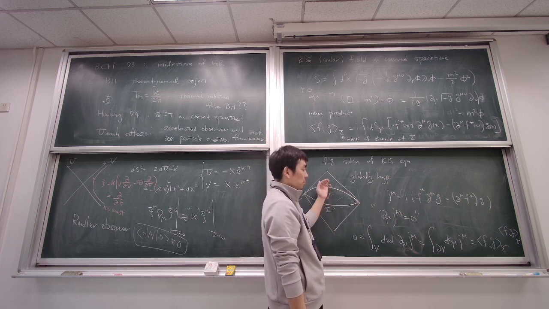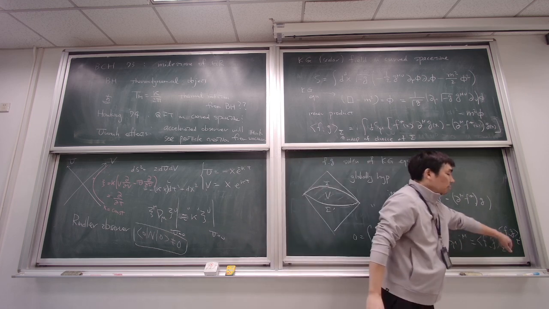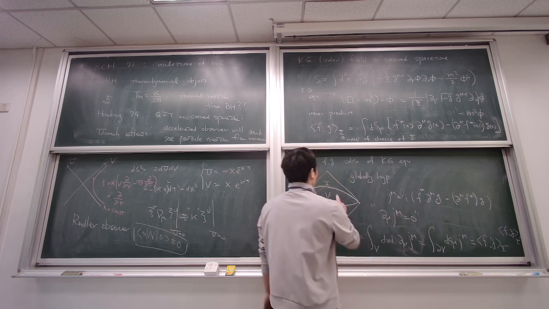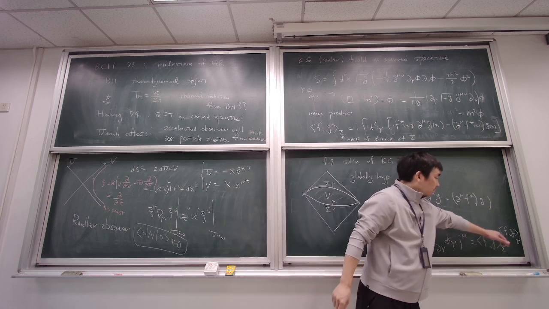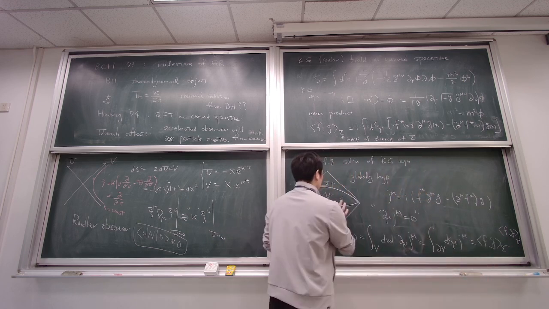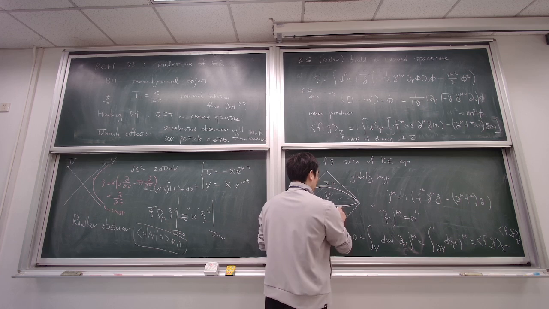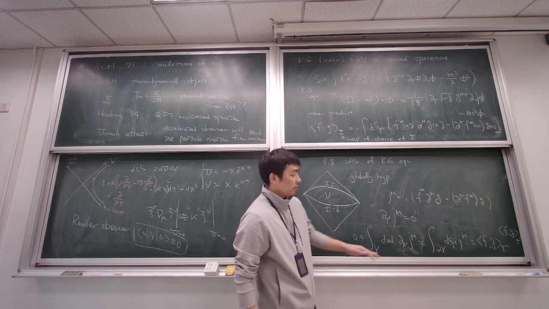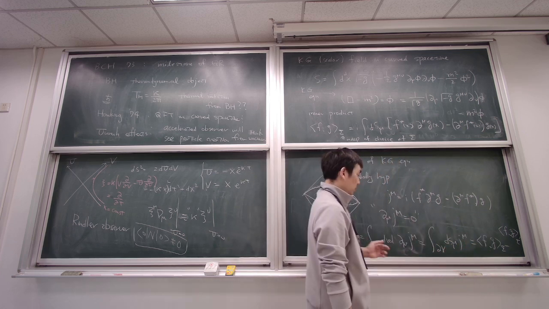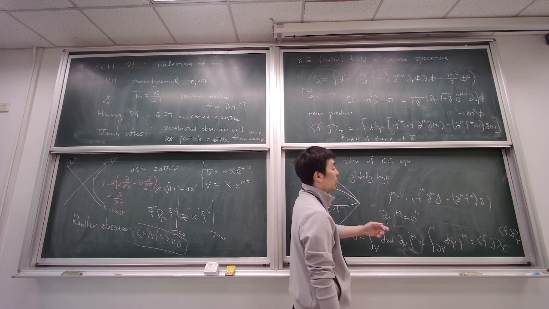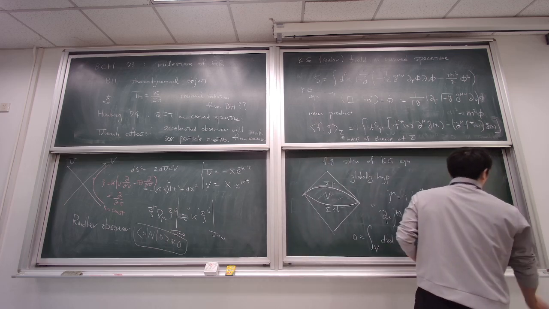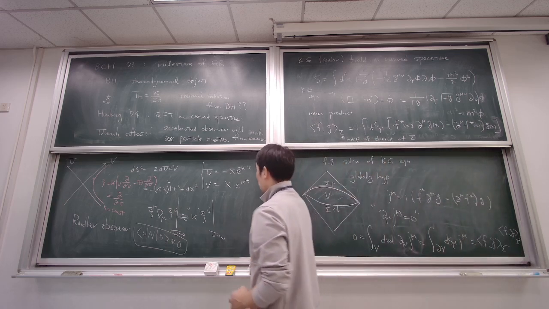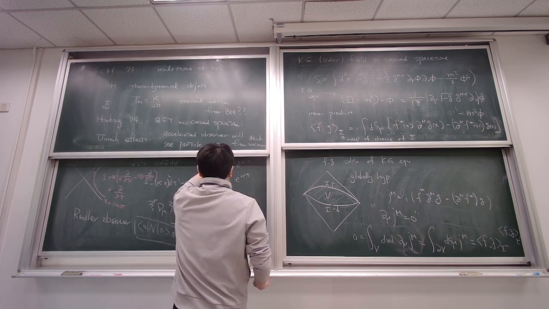The difference is because the normal vector is opposite. Sorry, the normal vector is opposite, so therefore you have a minus sign. And then current conservation tells us the inner product is independent of the choice of sigma. This is sigma prime. Okay. That's the proof.